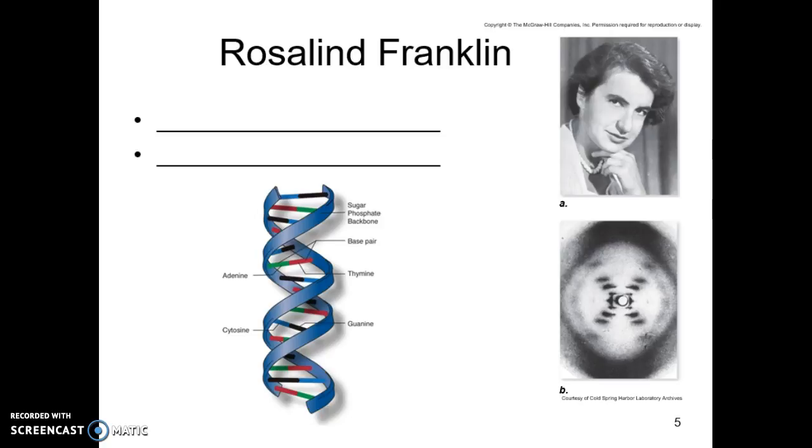The technology was nowhere close to what it is today. So she took this X-ray, identified the three-dimensional structure of DNA, and this is a copy or print of the actual X-ray, and this X shape indicates DNA is three-dimensional and it has a helical structure.